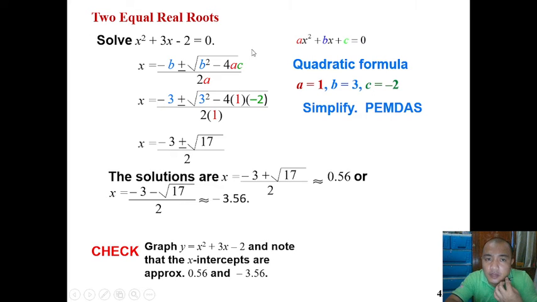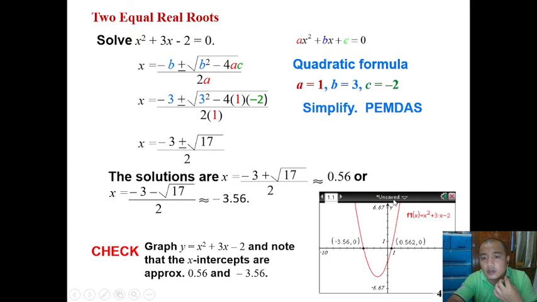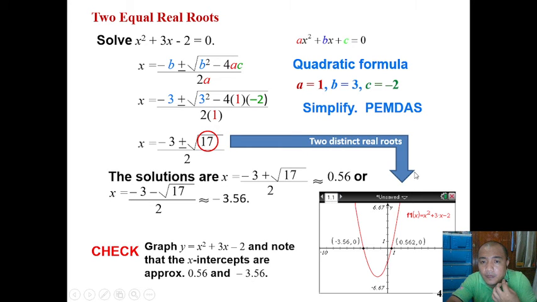If you graph this, it will touch the x-axis at negative 3.56 and 0.56. Two distinct real roots.